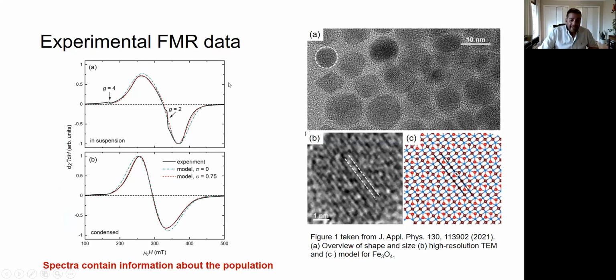Now, from a real experiment, from a recent article we published last year, this is a microscopy image. These shadows are magnetic nanoparticles. The size of these things is about 50 nanometers.